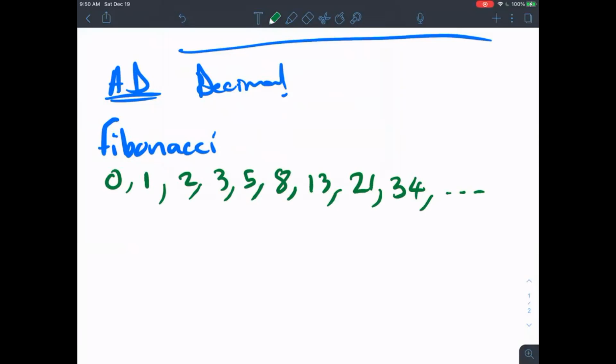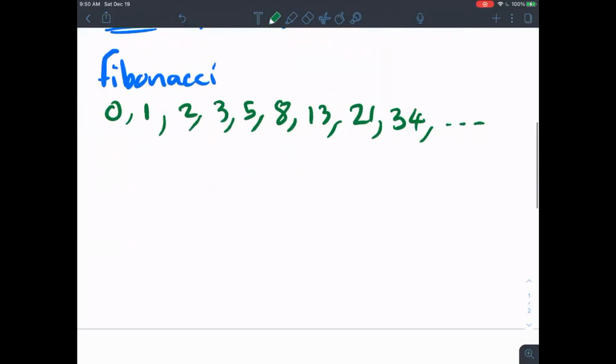So how can you think of this definition? For example, let's say f of n is your Fibonacci number, so how are we generating them? Basically we have some kind of a piecewise function. We have 0 and we have 1. If n is equal to 0, you get 0.